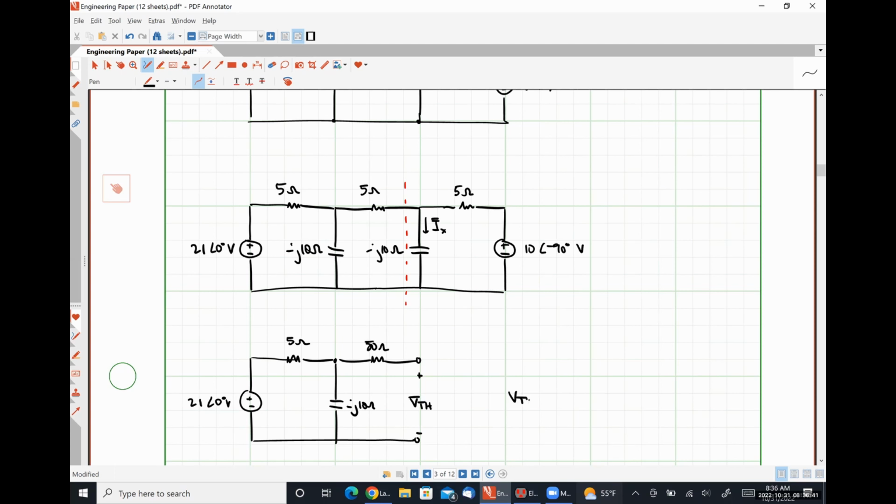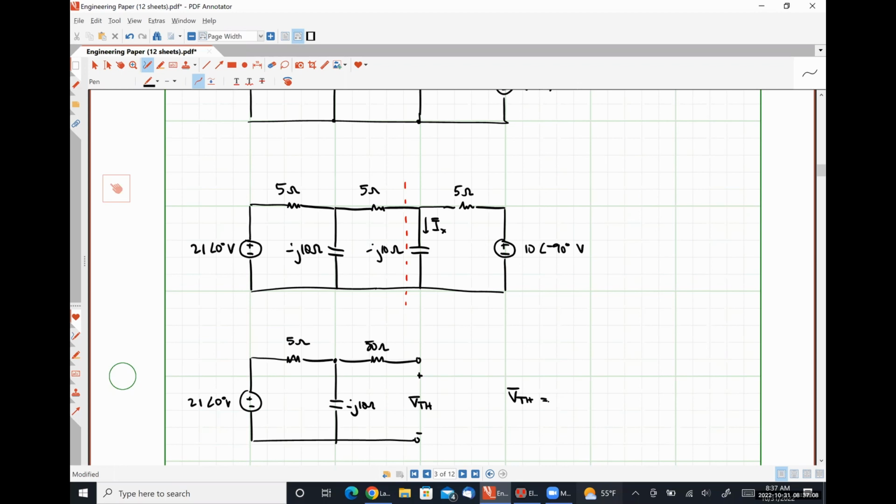So what should VTH be? Anybody have any thoughts? I'm not looking for a numerical answer just yet. It's not that obvious to be able to do that.